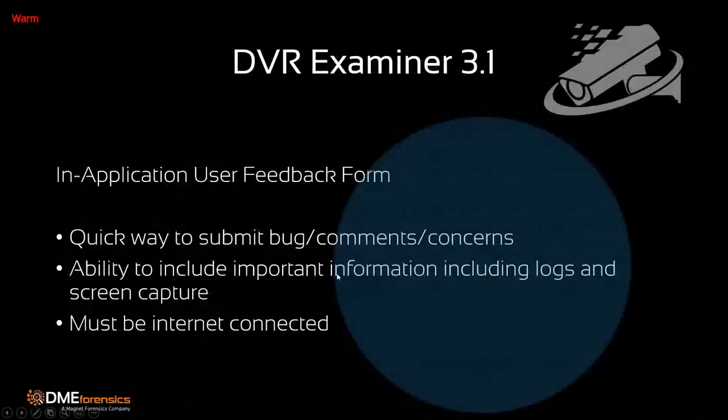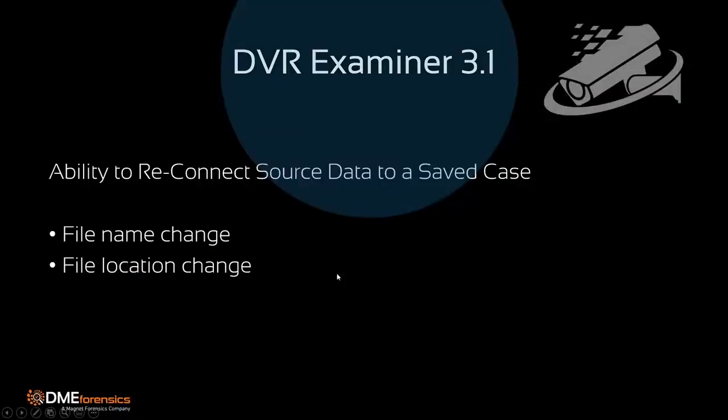Okay, the other thing is the ability to reconnect source data to a saved case. So this was a big one in that in previous versions, if for some reason the source data moved locations or the file name of that, for instance, that image file had changed, if you were to try to load a saved case and that happened, DVR Examiner would not be able to reconnect that source data to that saved case, and for the most part, you have a saved case file that was worthless.